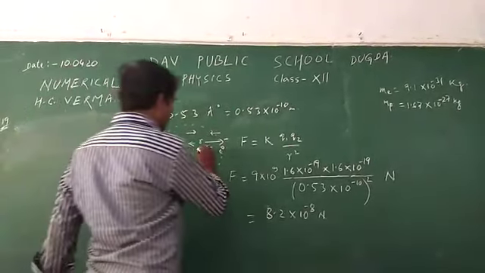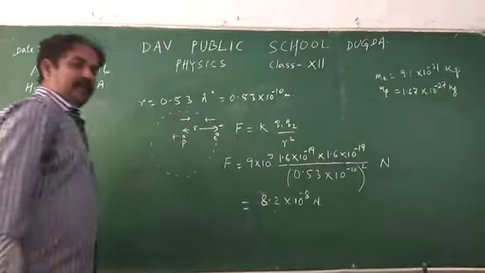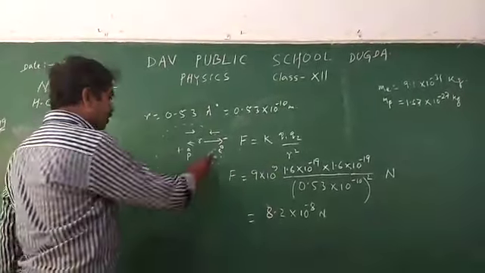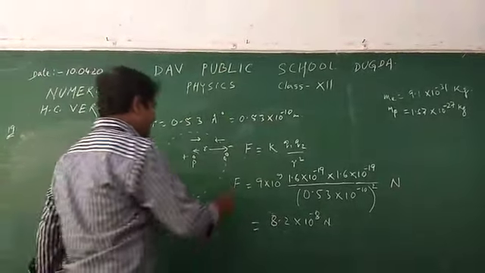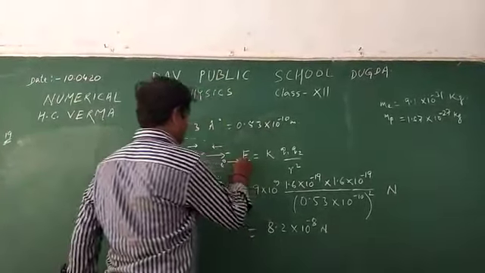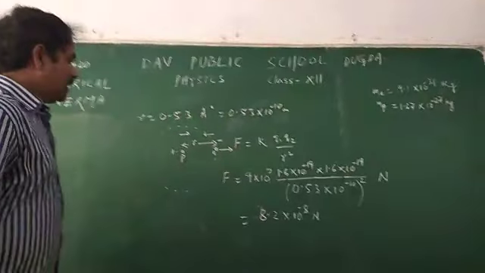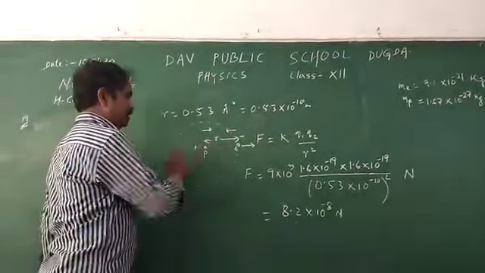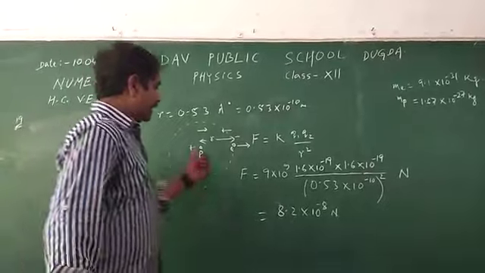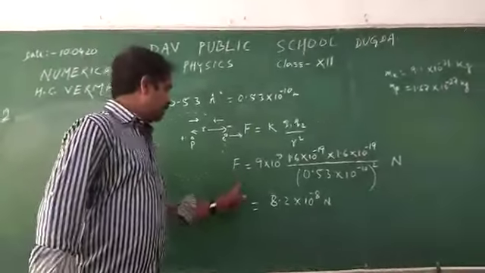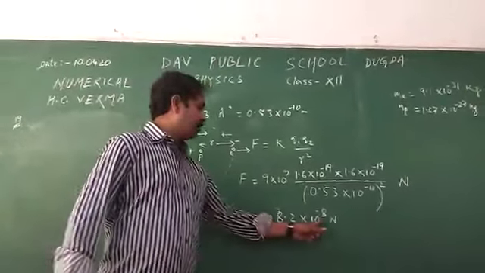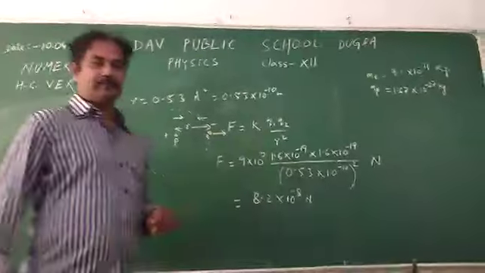This balancing force is the centrifugal force. The electron experiences a force which we calculated in question number 18, 8.2 into 10 to the power minus 8 Newton.